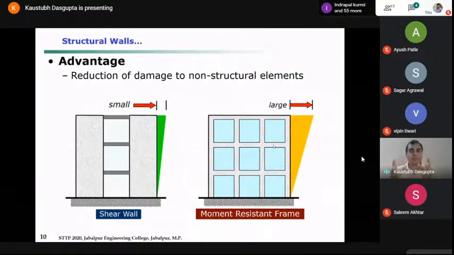Those unattached equipments which are kept loose on the table, they will try to fall down. So these are non-structural elements, and then you incur a lot of damages. Many of those glasses will be broken. There will be economic losses like that. So these non-structural elements will get damaged if the building or that particular story sways too much. So if you have a wall, of course, the lateral displacement is reduced. So your non-structural elements remain undamaged.